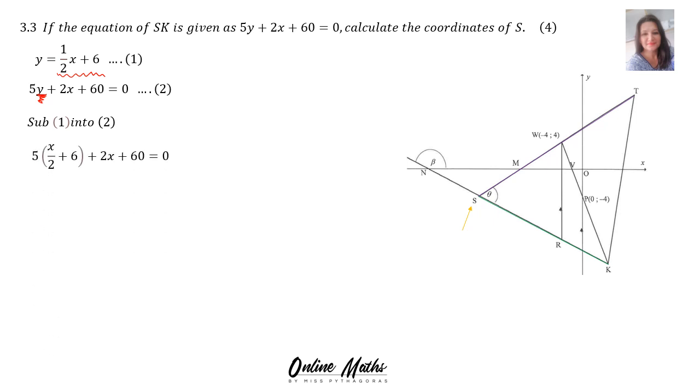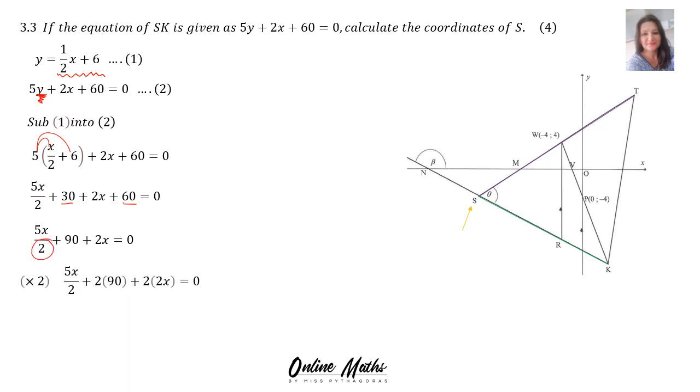In y's place, I substituted half x plus 6. Then in the next step, I'm going to multiply out that 5 into both, and then add the 30 and the 60 together to form 90. Then this 2 under the line, I'm going to get rid of by multiplying right through by 2.